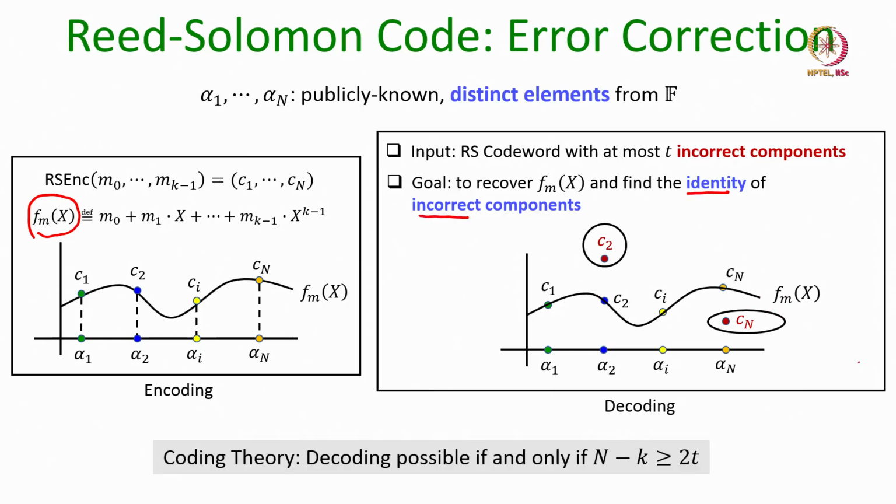That is a decoding problem, and we have seen that from the bounds dictated by coding theory, the decoding is possible as long as the difference between the size of the codeword and the message is at least twice the number of corrupt or incorrect components which the decoding algorithm would like to error correct. And we have seen also a decoding algorithm for the Reed-Solomon codes.